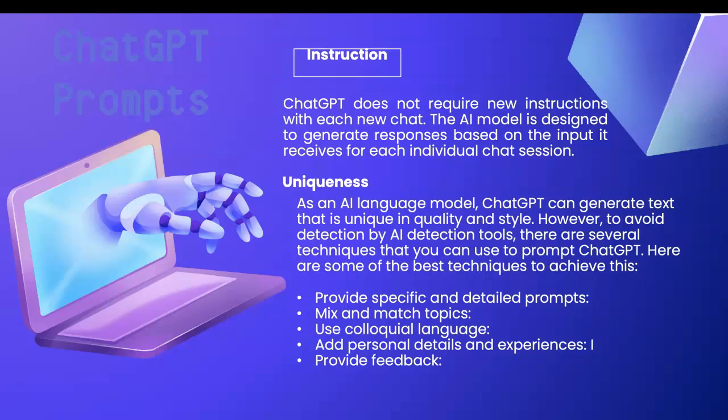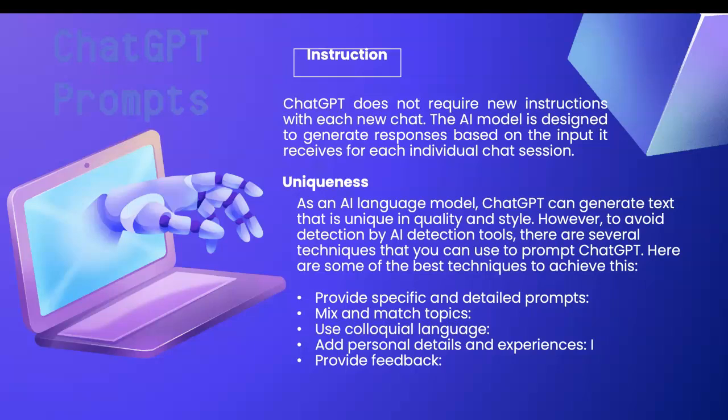And so there are ways that, just to make sure that you're better, you can provide specific and detailed prompts. So as I said earlier, the more specific and detailed your prompt is, the less likely that it'll match existing content and be detected as AI generated.